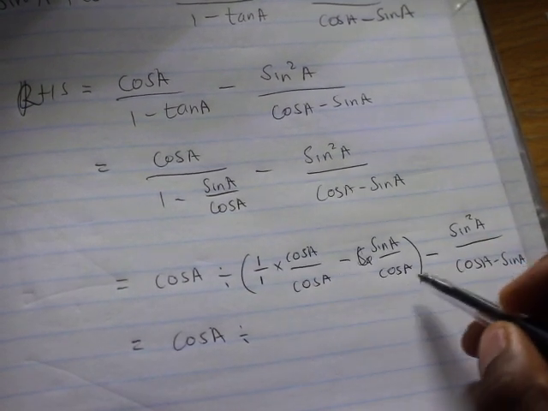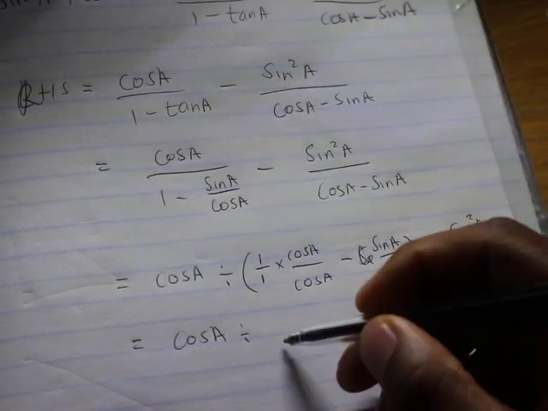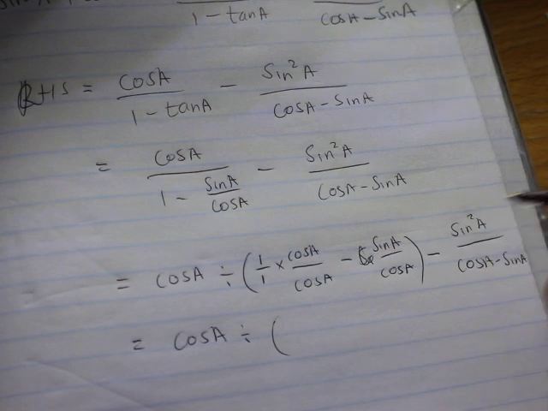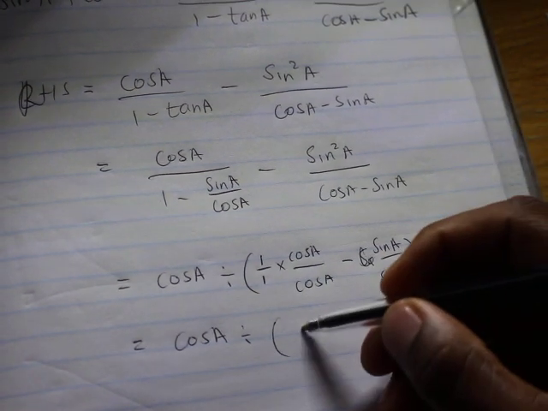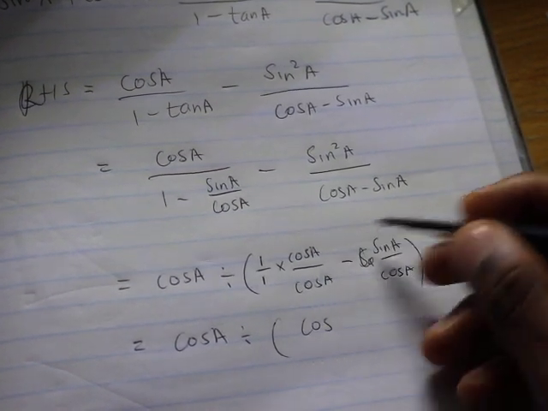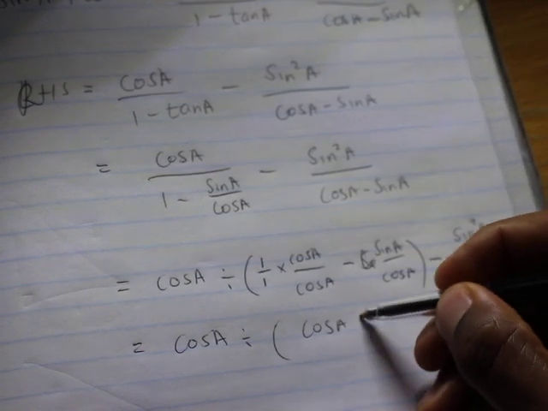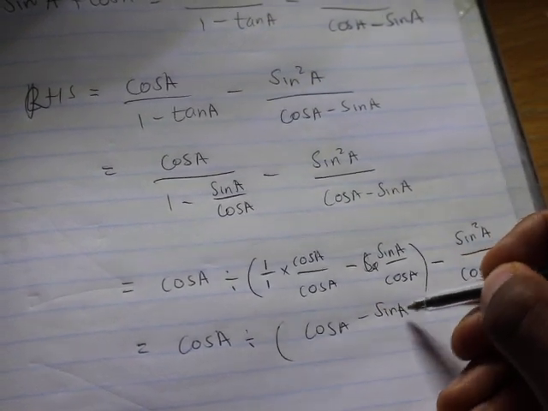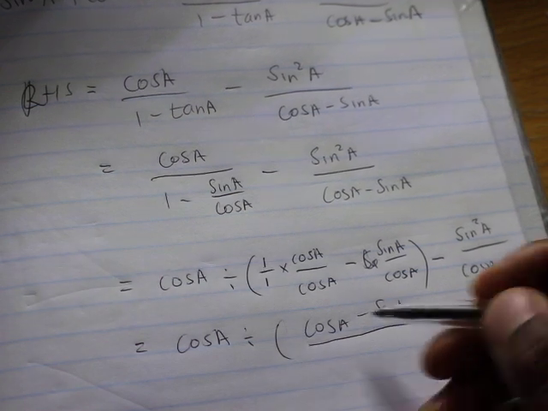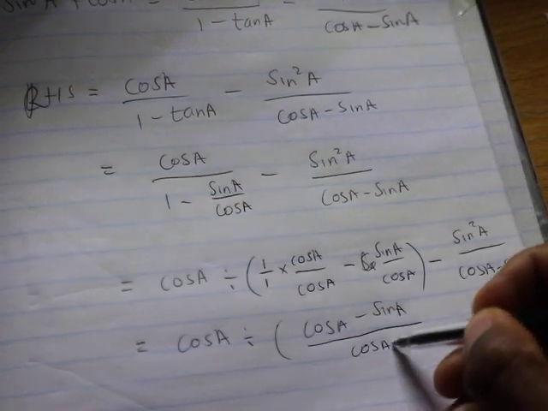So when the denominators are the same, we can operate on the numerators. So the numerators, that's cosine of A minus the sine of A all over what? The cosine of A. Beautiful.